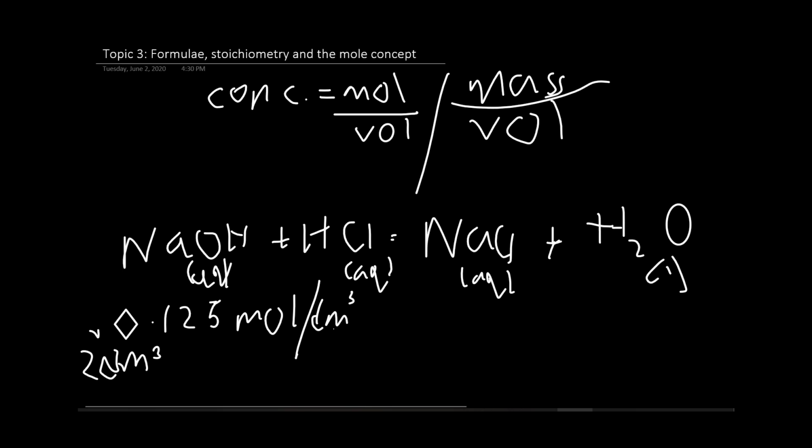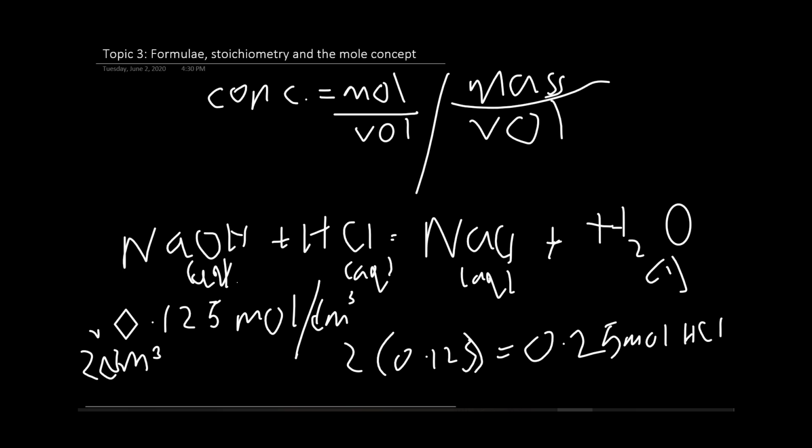So here 1 dm cube contains 0.125 moles of hydrochloric acid. So 2 dm cube will house 2 times 0.125 mole of hydrochloric acid, which is 0.25 mole of hydrochloric acid. So 0.25 mole of HCl, right?